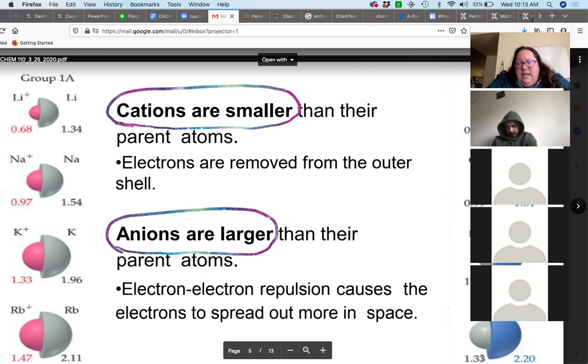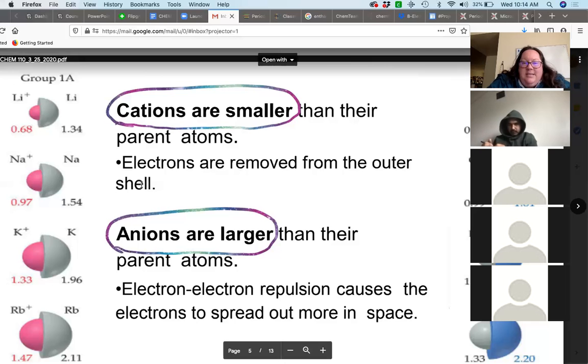Likewise, if you're thinking about this, say for example, for the anions, anions start small, but then get bigger because they're gaining an electron. So we have to think about the reason for this. Why is it?